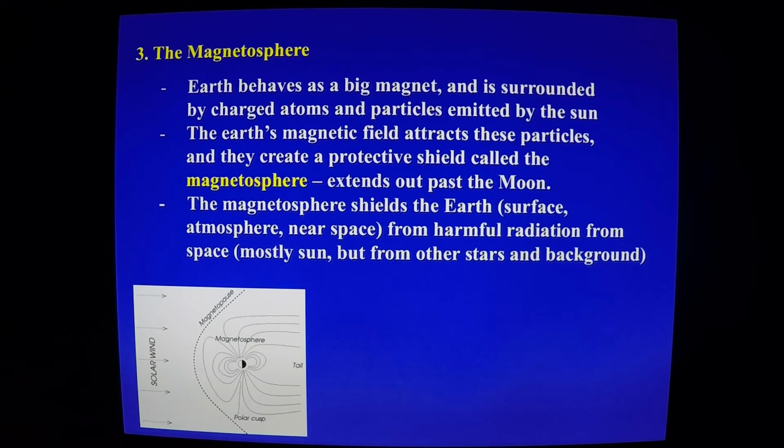And all those particles then interact with harmful radiation that's in space and help to filter it out before it gets here. So life forms on Earth, which include humans, really need to be pretty thankful for this, or else we would be bombarded with much higher radiation than we already get.